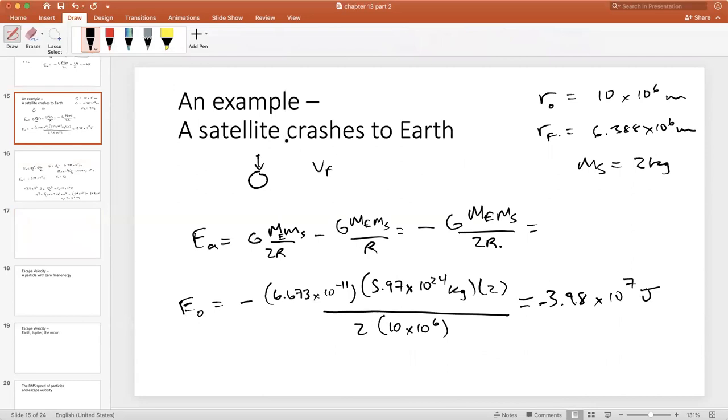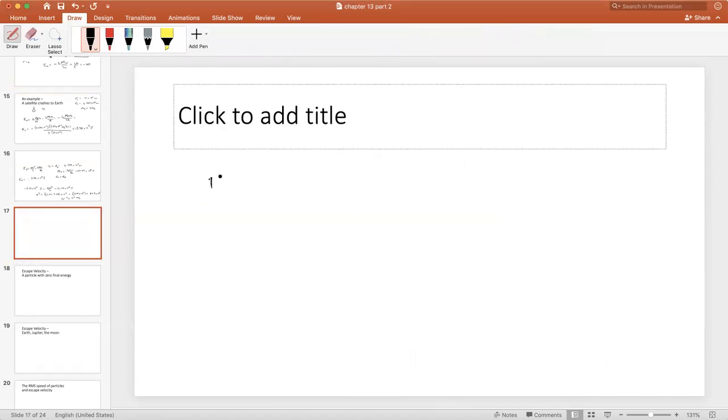Remember that the total energy at any time, at any r, is minus GM over 2r. And when r was 10,000 kilometers, which is 10 times 10 to the 6 meters, we want to know what the velocity was.